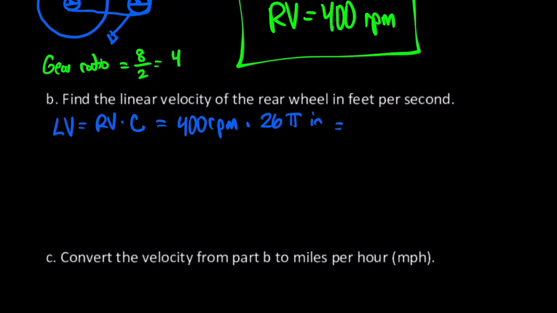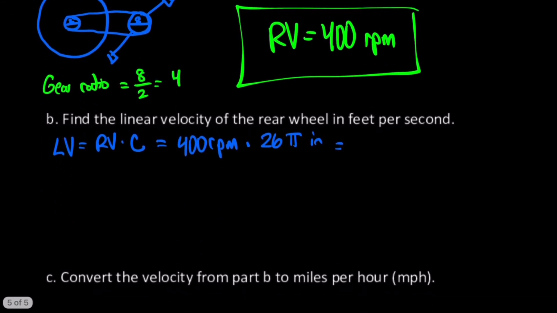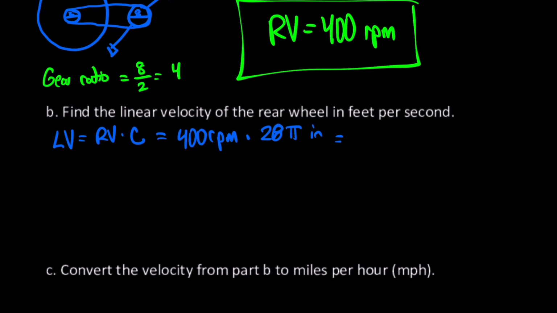Okay, I was wondering why my key didn't match up. All right, so if I multiply that out, I get 35,185.83772, and that's in inches per minute.